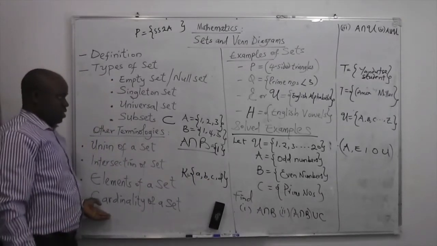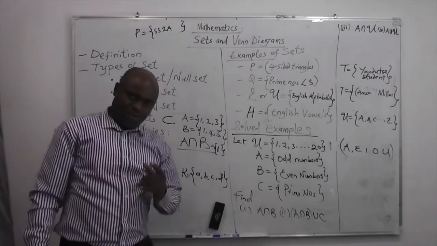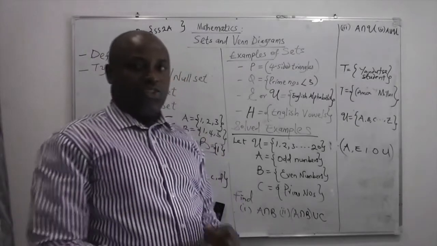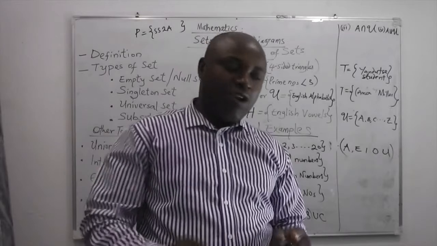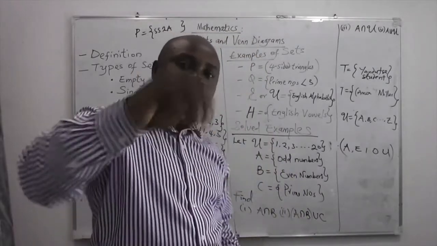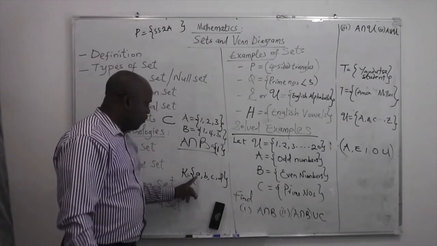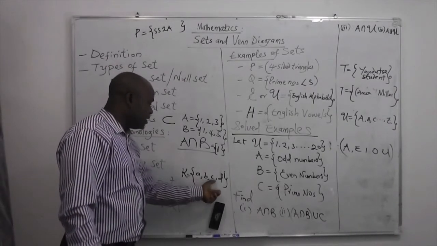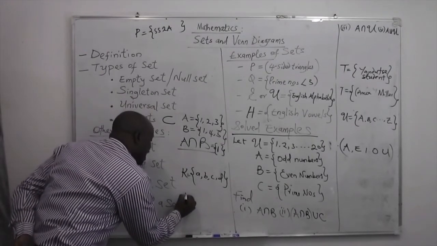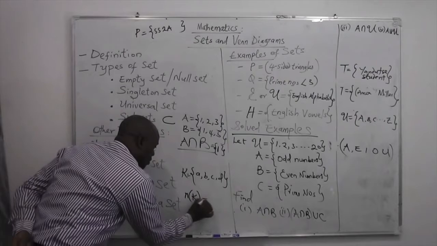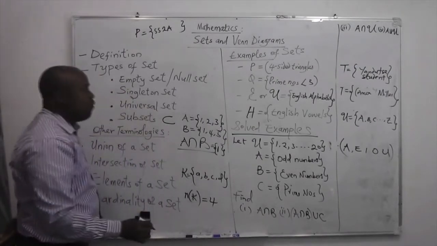Then we'll come to the next, which is the cardinality of a set. Whenever you hear cardinality of a set, it's talking about the number of elements that set contains. So when we look at this K, which has 4 entries, A, B, C, D, the cardinality of K, which is normally written as n(K), will be equal to the number of entries here, and that gives us 4.